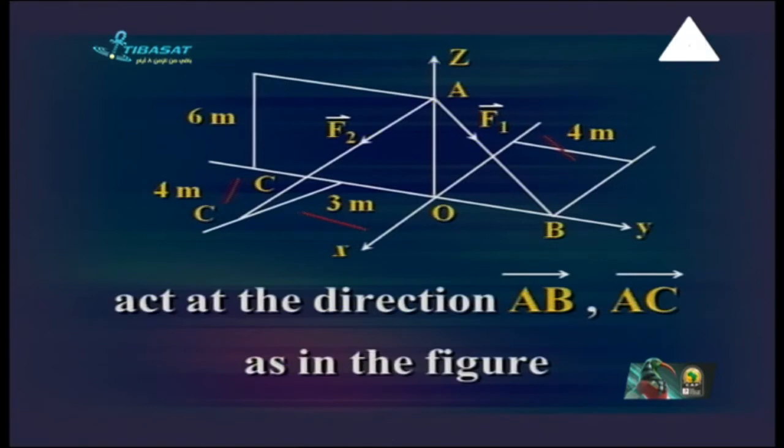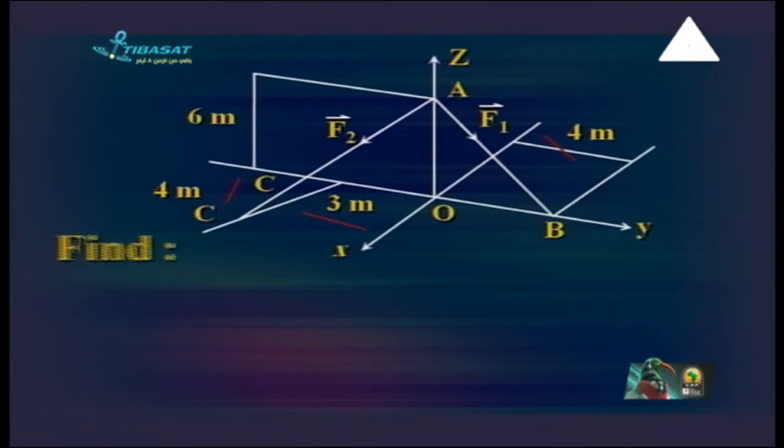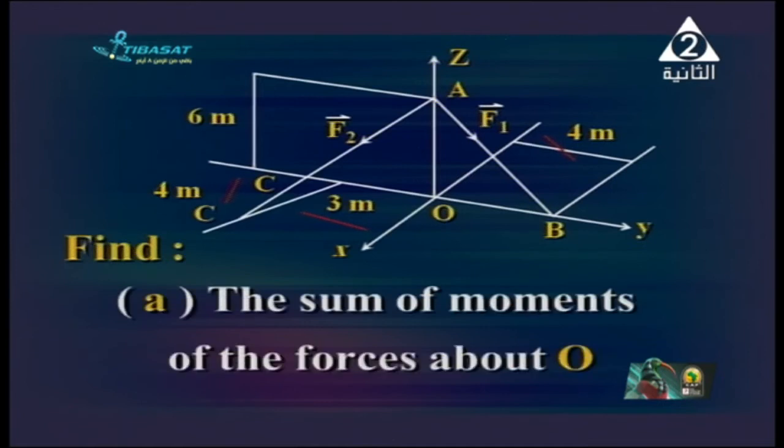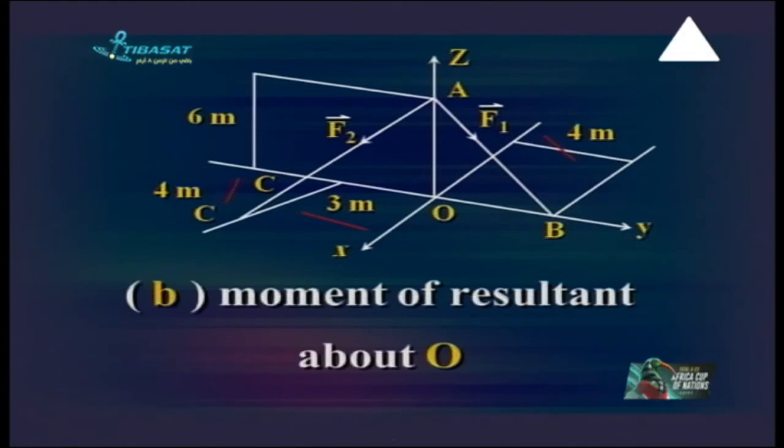F1 acts along AB, F2 acts along AC. In the opposite figure, what is required? Find the sum of moments of the forces about the origin O. Remember, the origin point O is the intersection of OX, OY, OZ. Part B: find the moment of the resultant about O.